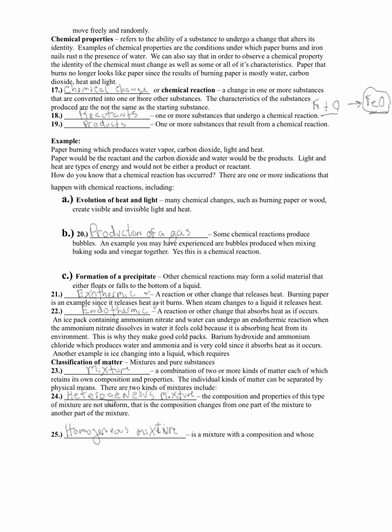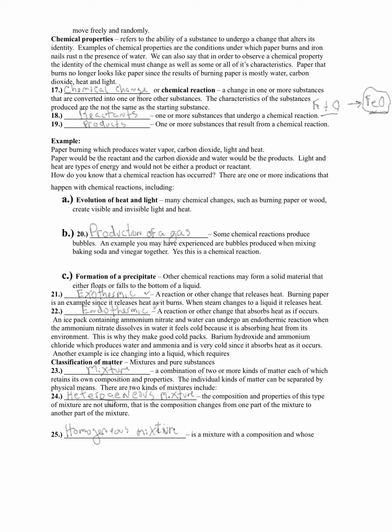A heterogeneous mixture is a mixture in which the composition is not the same throughout. I like using the example of alphabet soup. If you've ever had alphabet soup, you know that if I take a spoon out of the liquid, I'm probably going to have different letters in it. So the letters are not evenly spread out. The composition is going to be different. In other words, different letters in different parts of the soup. So that would be a heterogeneous mixture.